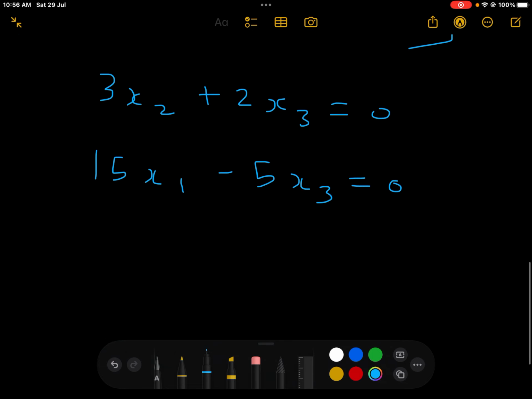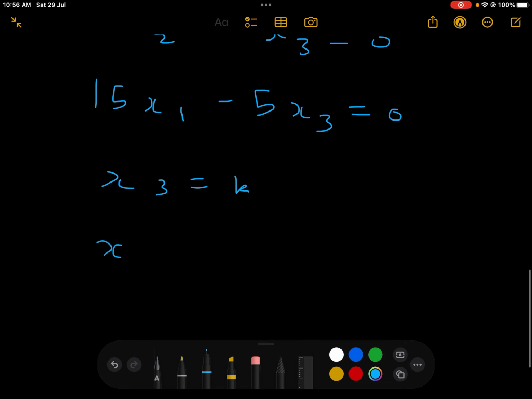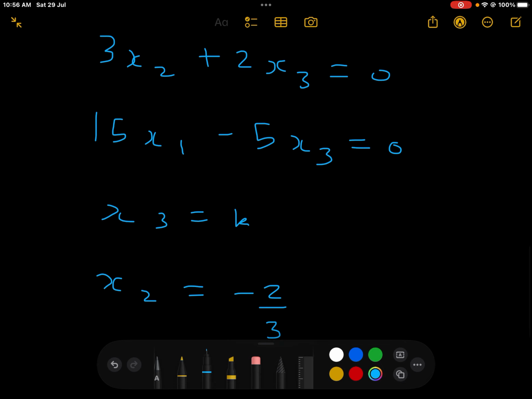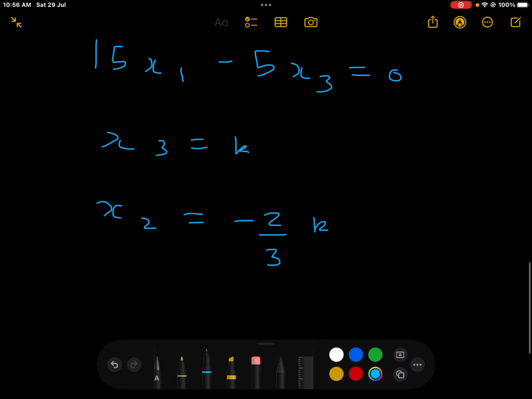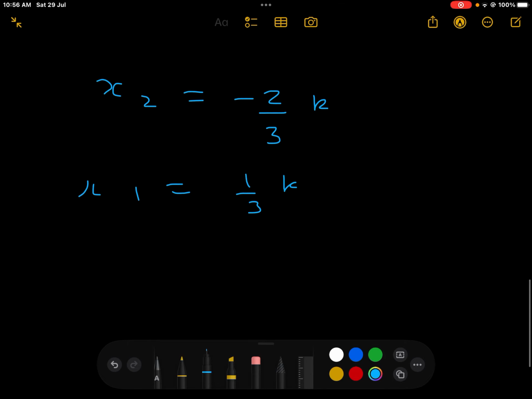So we can take x3 equal to k. Now our x2 will become minus 2 by 3 k, and our x1 will become 1 by 3 k. Fine.